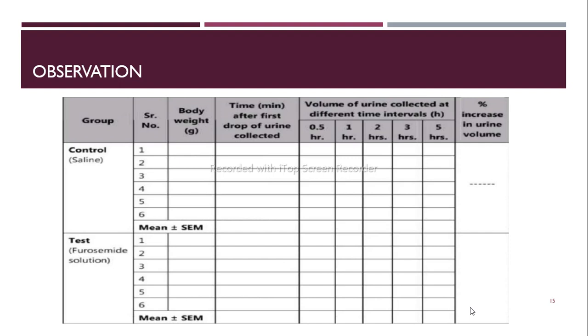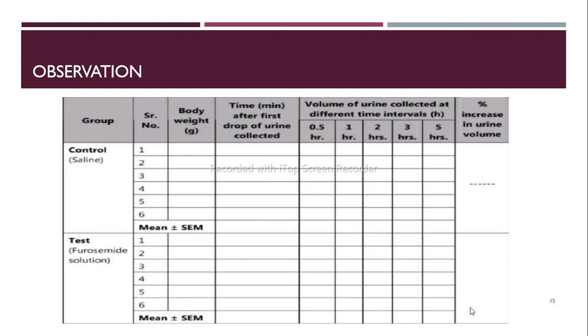As it is a graduated measuring cylinder, we see the corresponding value of the urine collected and write it down in this table.